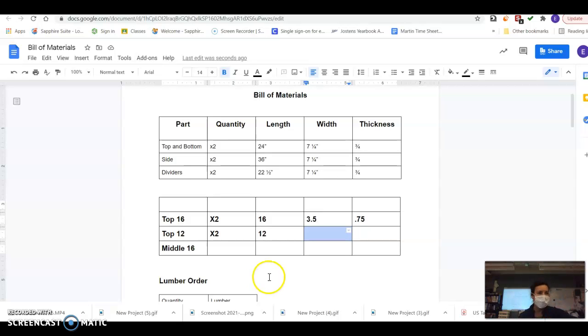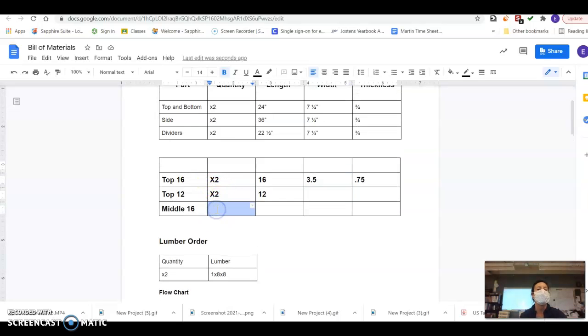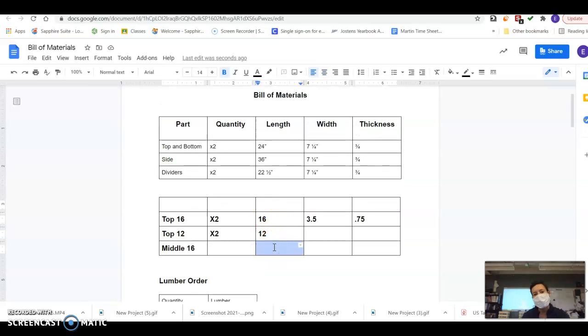So like on Mitchell's, you're going to have somewhere a quantity of 1, like a backboard, length 17, width 11, or the opposite, and your thickness is only going to be 1/4 inch.